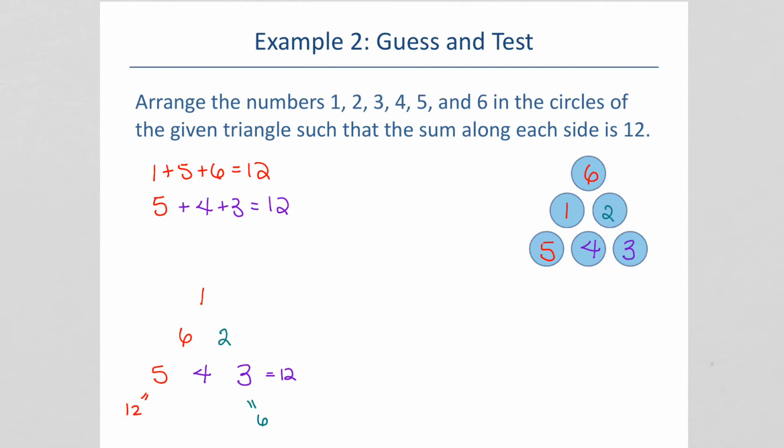And we put in a 2. 6 plus 2 is 8, 9, 10, 11. That doesn't quite cut it. So let's just switch that 4 and 3 and see if that helps. Because so far this way we've got 12. This way we've got 12. If we put a 2 in here, 6 plus 2 is 8 plus 4 is 12. So we've got it.